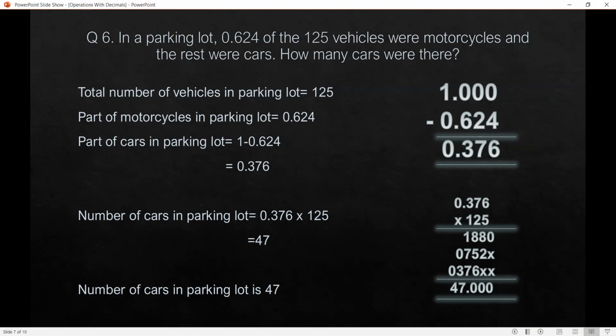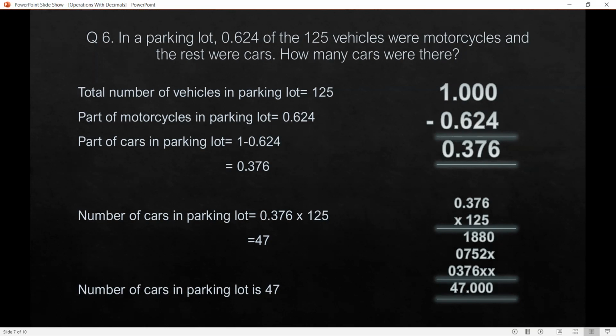We will subtract and get 0.376. Now, find the number of cars in the parking lot equals 0.376 into 125 because the total vehicles are 125. After multiplication, we will get 47. So number of cars in the parking lot is 47.